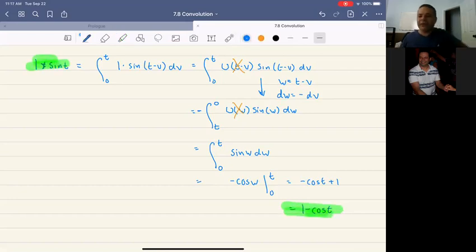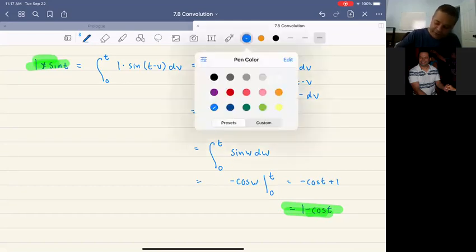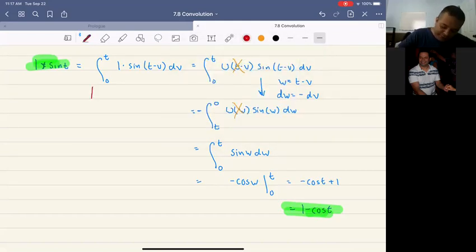I had another way to do this. Let's do it in red. Take the integral from 0 to t. The way that I did this the first time is I did it using a sine identity: sine of t cosine v minus sine v cosine t dv.